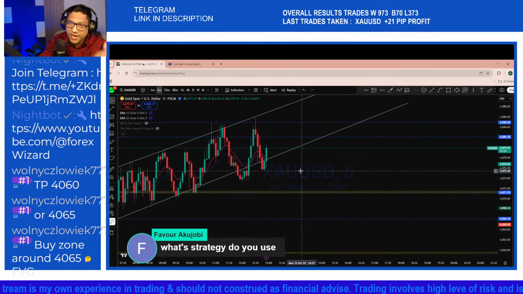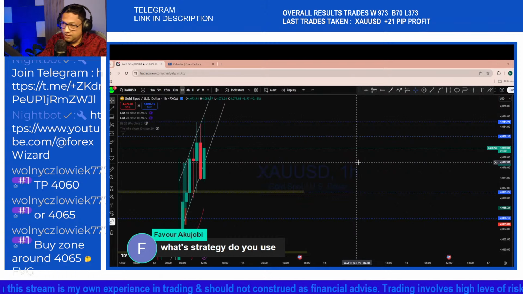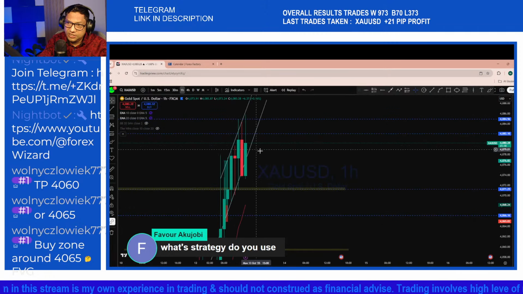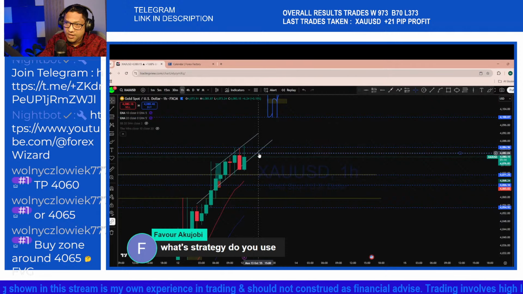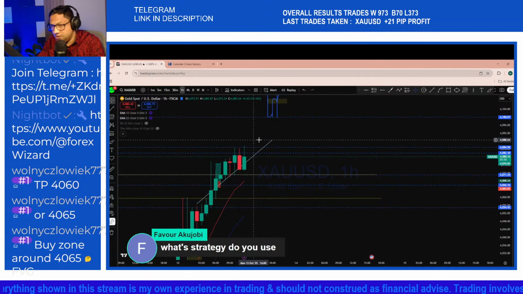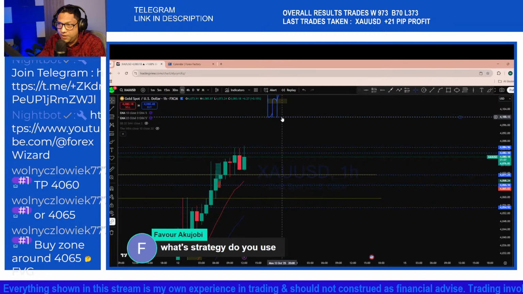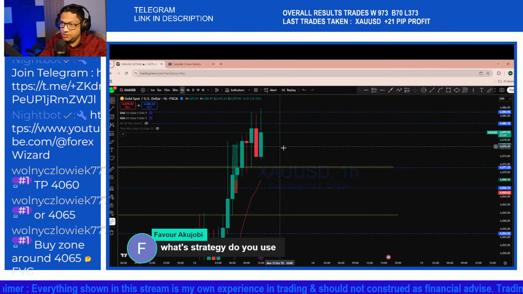The market structure again trying to build that momentum back above. This is the 1 hour candle closing in 1 minute time, and we can see it's still showing up to be bullish in that area, so the price could potentially break above again to create a new higher high in this market.